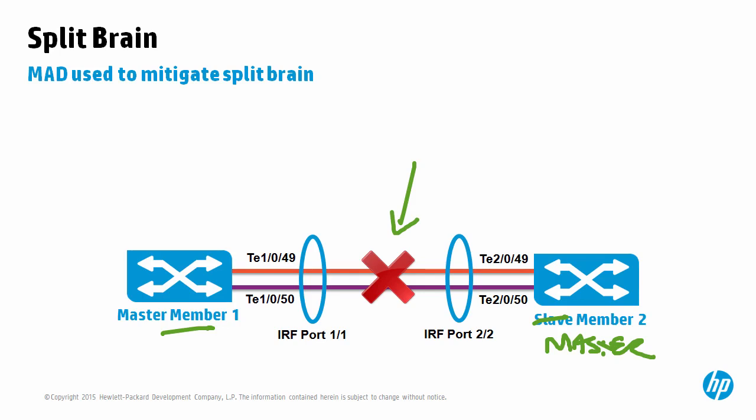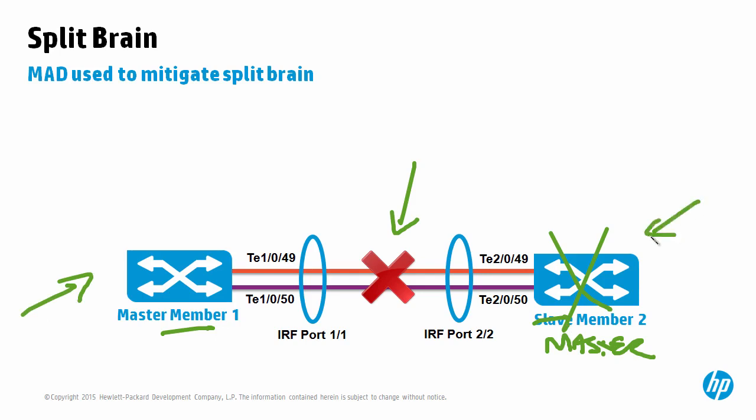All member devices in the IRF virtual system use the same MAC address, the same IP addresses, and other configuration settings, so this causes a lot of confusion in the network. So to stop this confusion, MAD will take one of the switches offline, so only a single master device remains in the network.